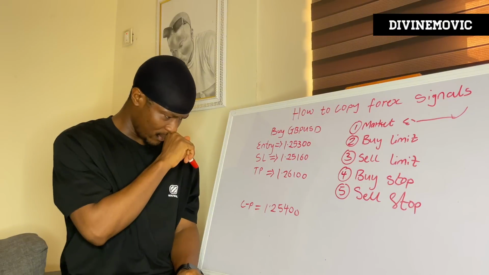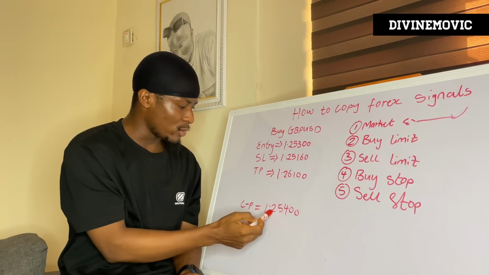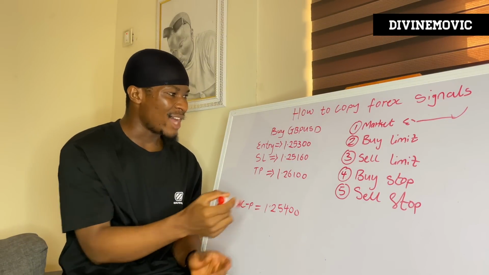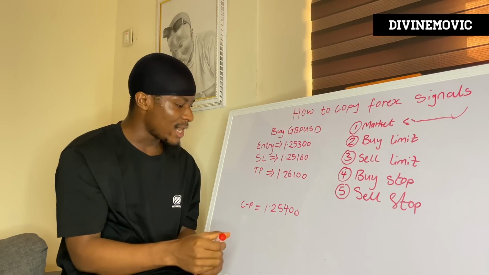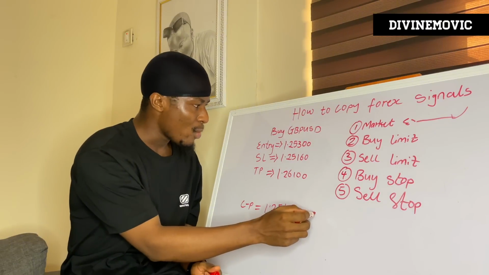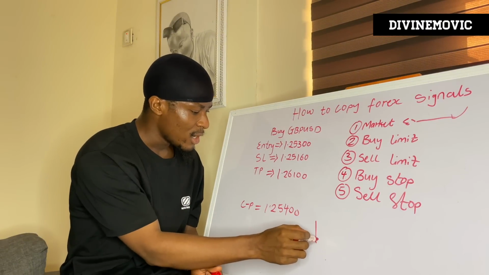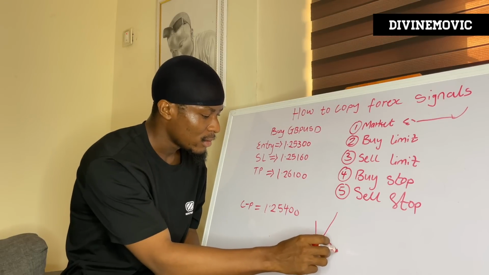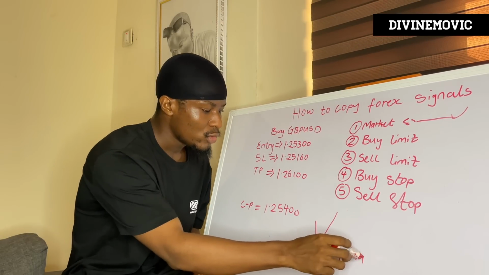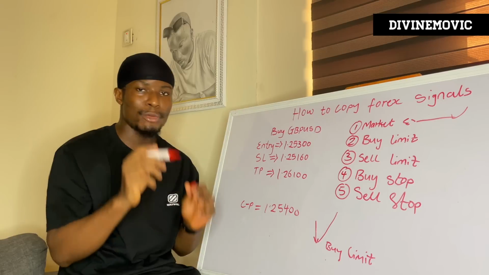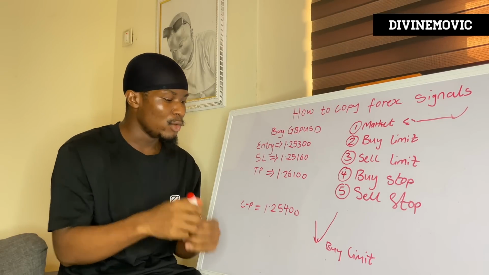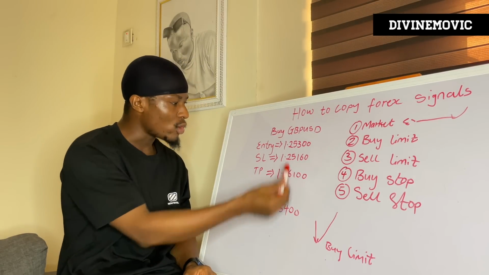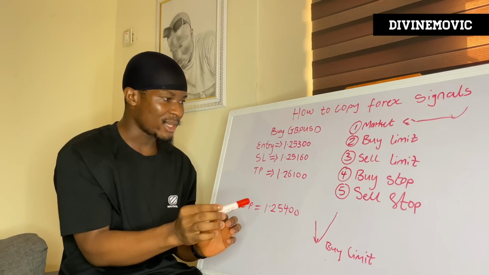Now, if the current price is 1.254 and you are asked to buy from a lower point, that's simply saying that you have to wait for price to come down to this point before you buy. So basically, this is going to be a buy limit order here. So what you want to do is go to your MT4 and simply look for a buy limit and include all these parameters in the forex market.